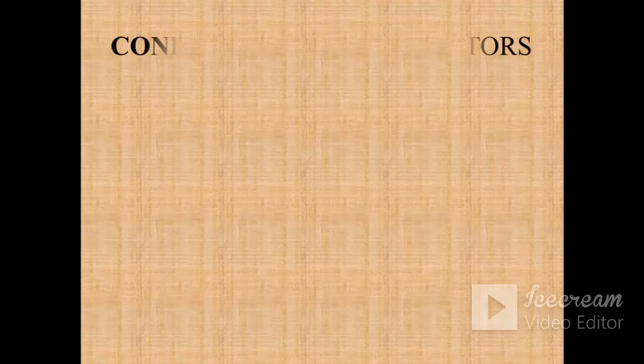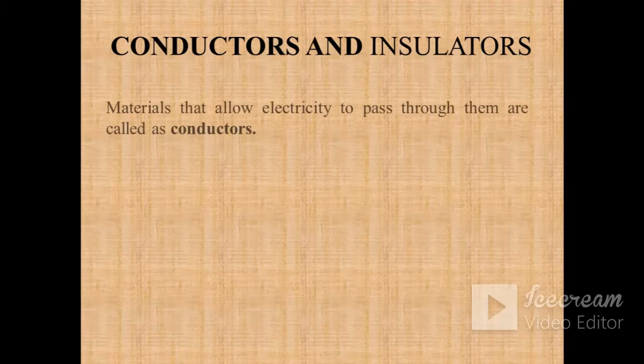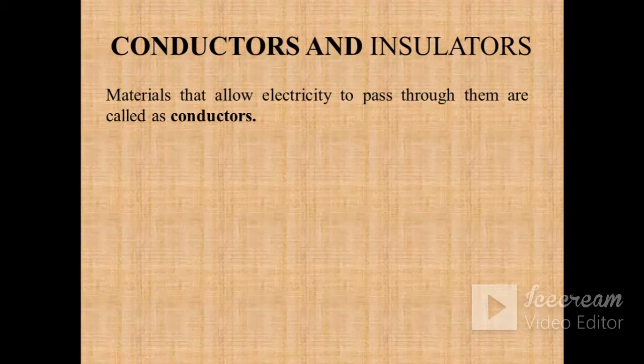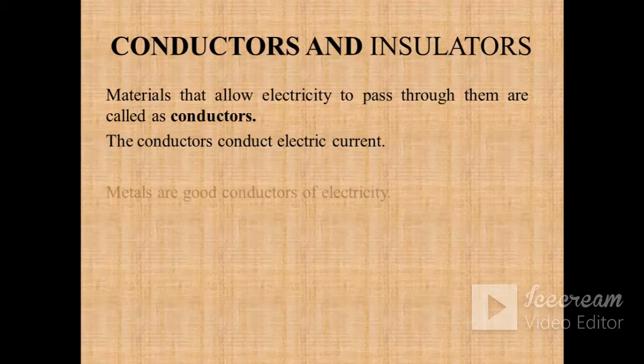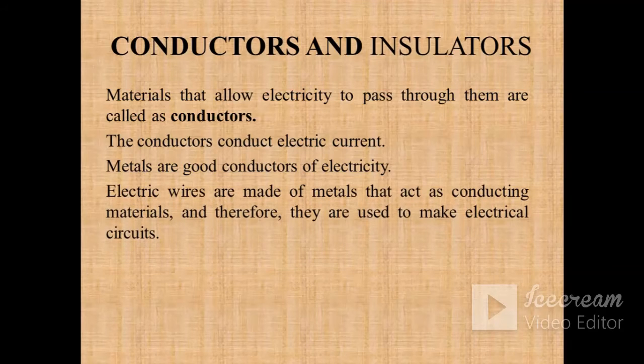Next is a very familiar one, conductors and insulators. We already know that materials that allow electricity to pass through them are called conductors. So the conductors conduct electric current. Also we know that metals are very good conductors of electricity, and our human body is also a very good conductor of electricity.